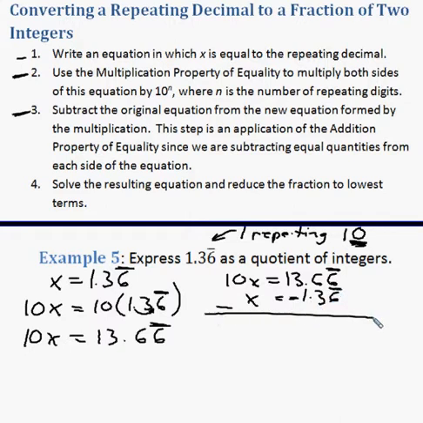On the left side, it's supposed to be a minus sign. 10x minus x is 9x equals, the reason I extended this and wrote 6 twice was because now I see that this 6 repeating, those become 0 because they're the same thing after that place value. 6 minus 3 is 3. Here's our decimal. 13 minus 1 is 12.